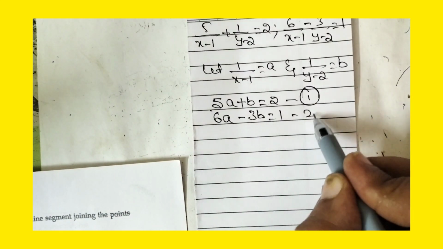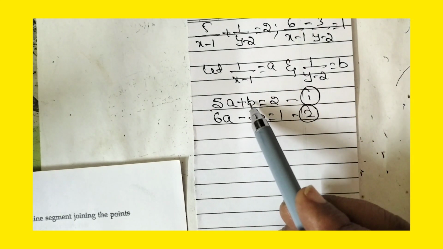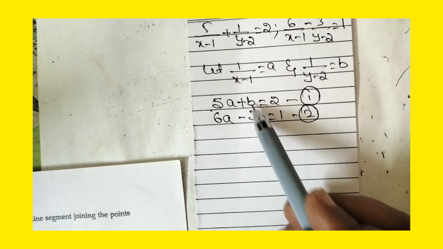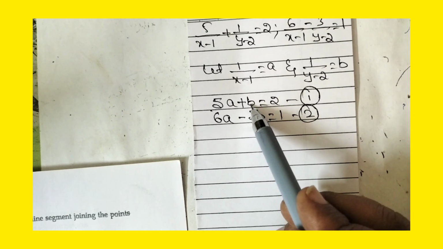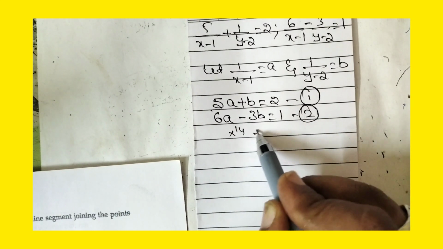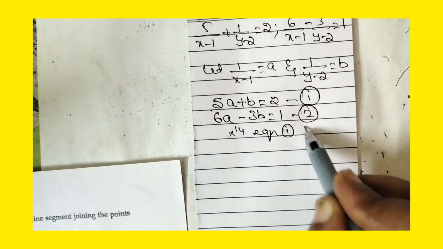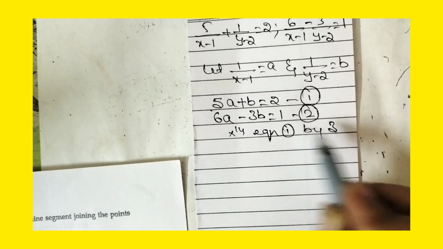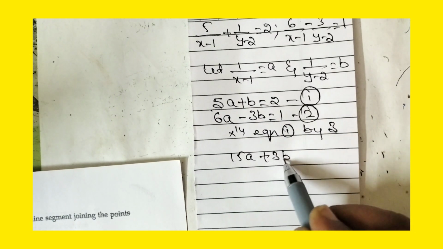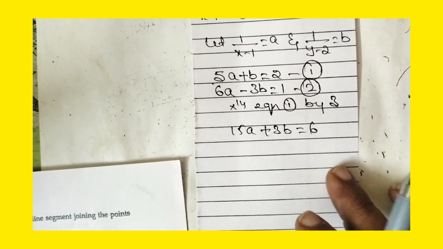Call this equation 2. Now let us make the coefficient of b the same. To do that, multiply equation 1 by 3. So 3 fives are 15a plus 3b is equal to 3 twos are 6.